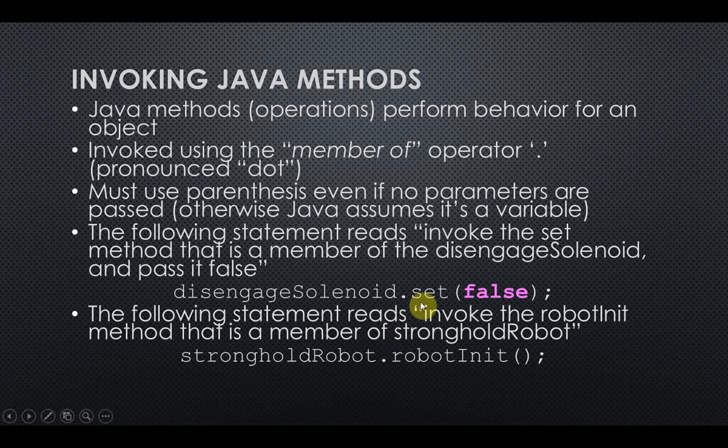In this example, we're invoking the set method member of disengaged solenoid. I know it's a method because it is immediately followed by an open parenthesis. This following method invokes the robotInit member of StrongholdRobot, and it takes no parameters. Even when it takes no parameters, it still has to have an open and closed parenthesis.